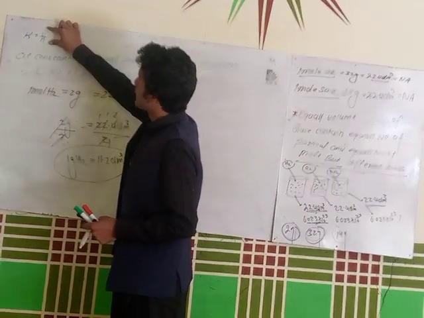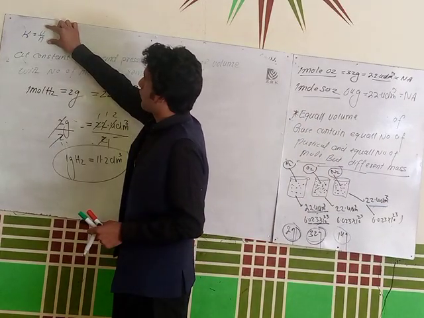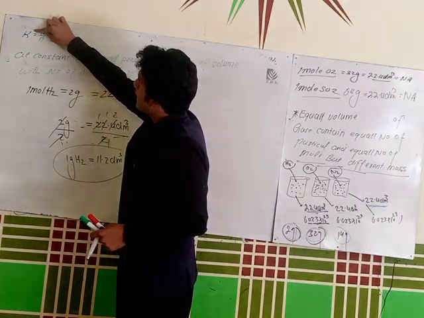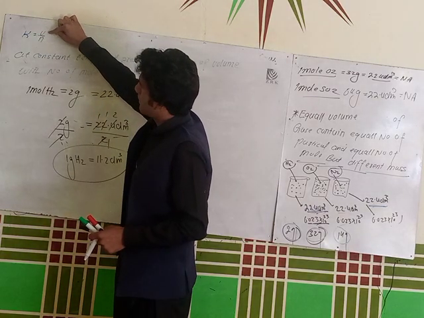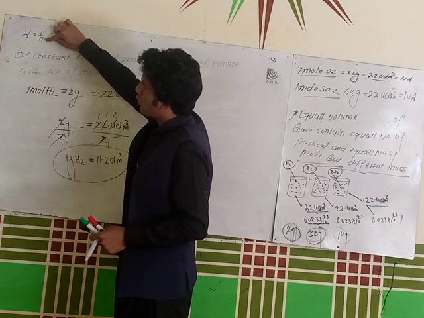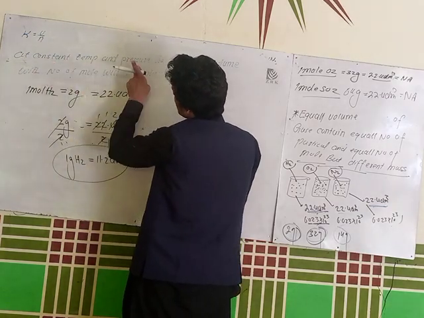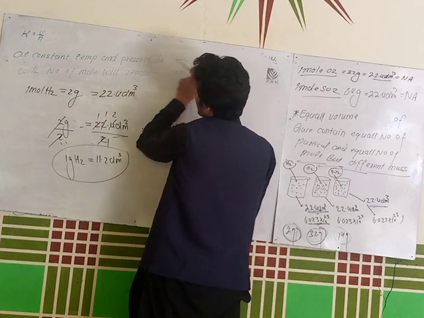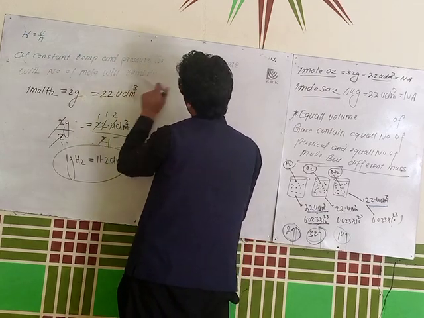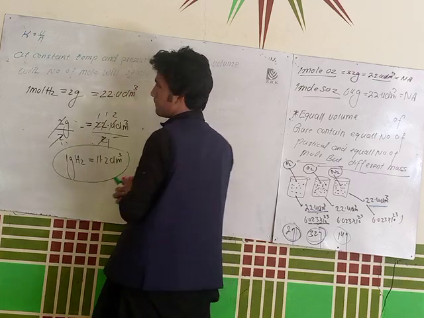Look at this, this is the mathematical form of Avogadro's law. V over n equals k, where k is the constant, V is the volume of the gas, and n is the number of moles of gas. At constant temperature and pressure, the ratio of volume to the number of moles will remain constant. What does it mean?